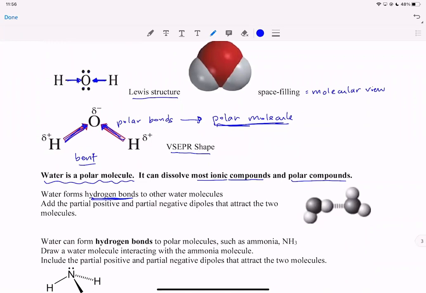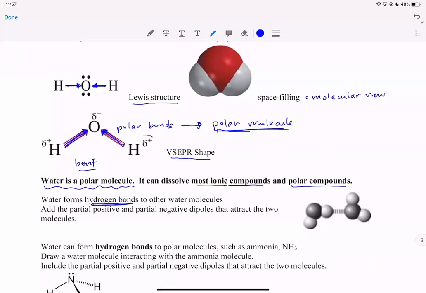So what exactly is a hydrogen bond? It is when the partial negative part of water, so that partial negative is the oxygen, will be attracted to the partial positive on a different molecule. So actually, I'm going to erase that, is that you have the hydrogen is the partial positive. It is attracted to the partial negative on a different molecule.